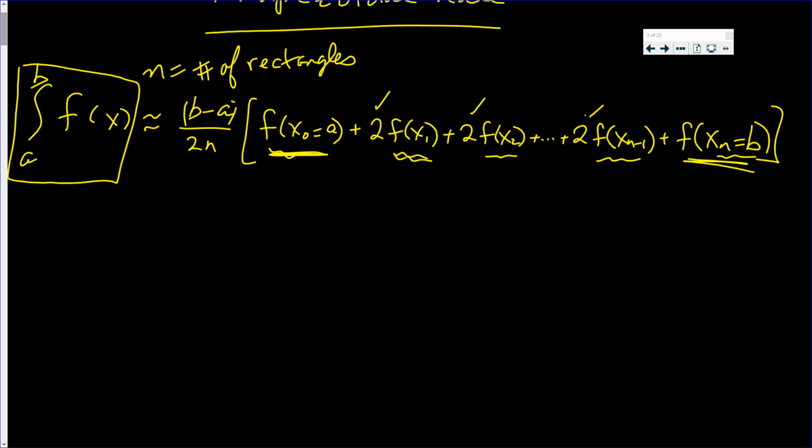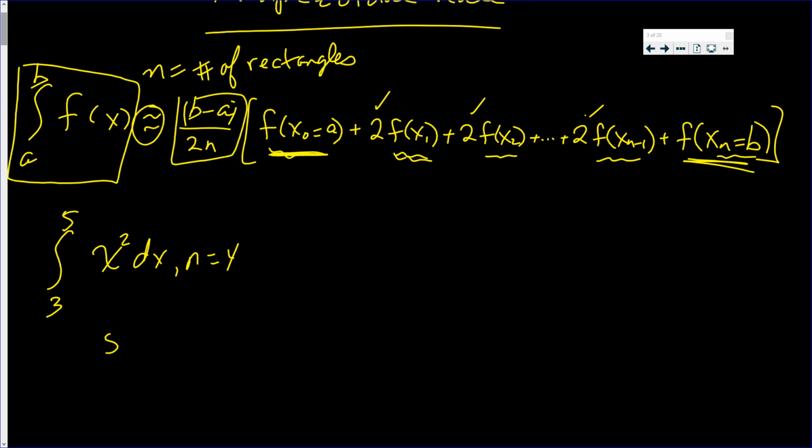So suppose, and this is an approximation, we want to approximate the integral from 3 to 5 of x squared dx, where n is 4. Okay, so n is 4. So what would this first part be?